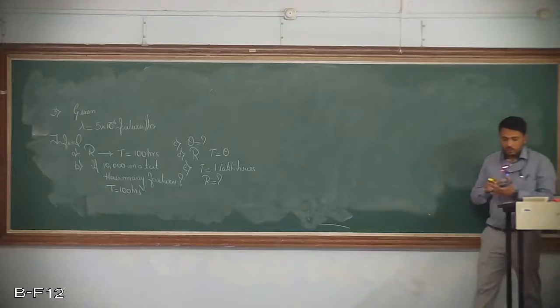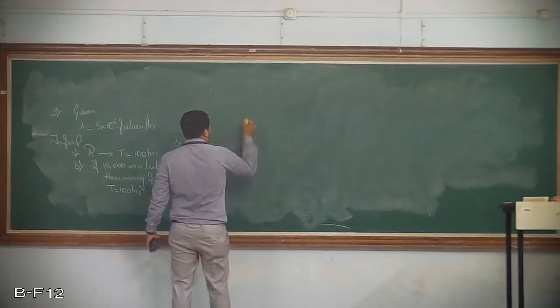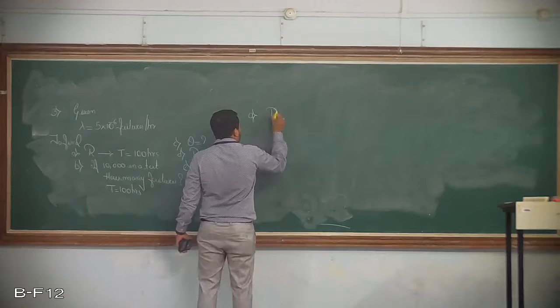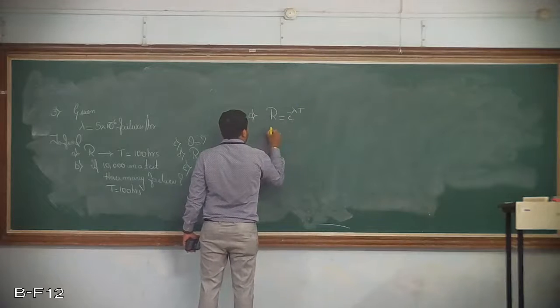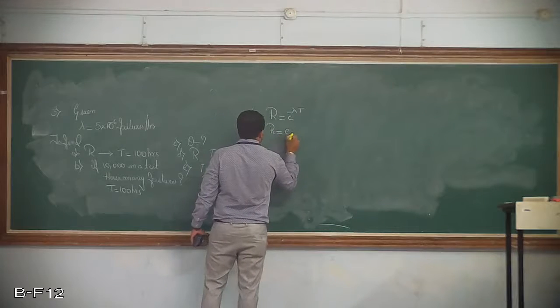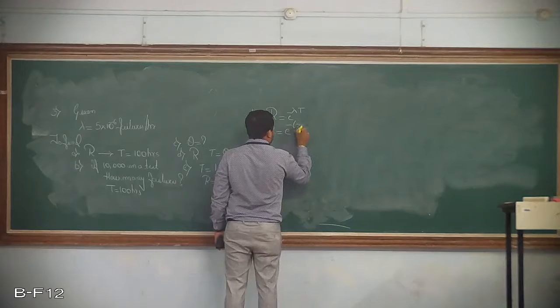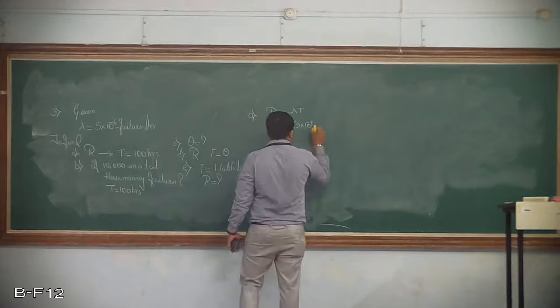So we'll find out first. The first bit, we know R is equal to e raised to minus lambda t. Just substitute. The failure rate is given, minus 5 into 10 raised to minus 6, and time t is given as 100 hours.